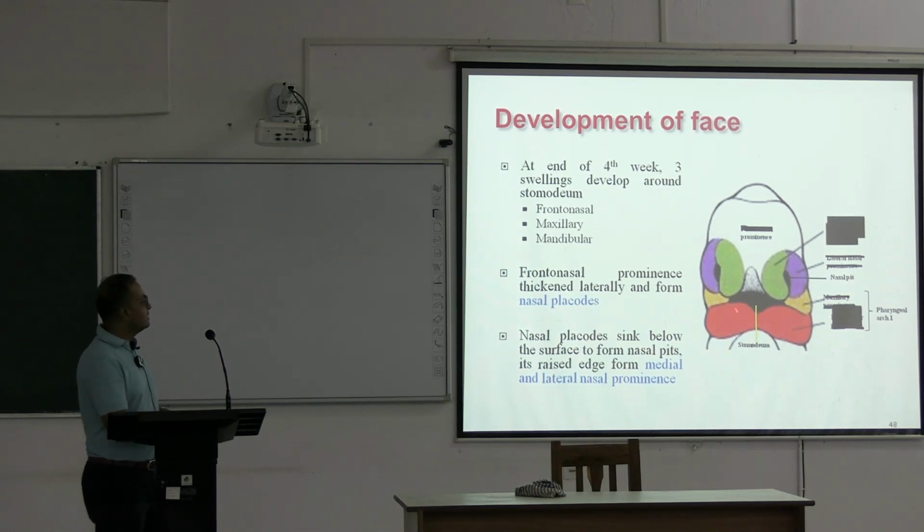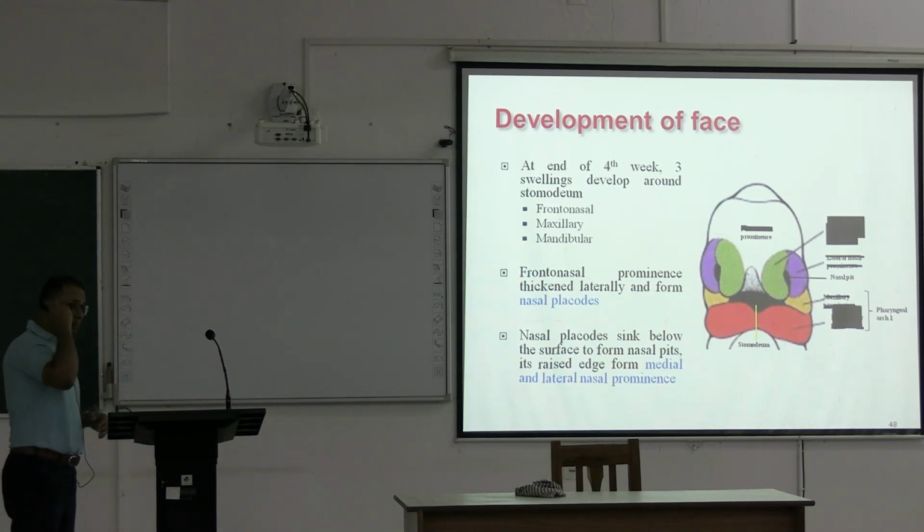So again, we start with the nasal placode, which has a central pit, and the central pit makes a depression, making the margin raised up as medial prominences and lateral prominences. Each of these components gives rise to different parts of the upper lip.